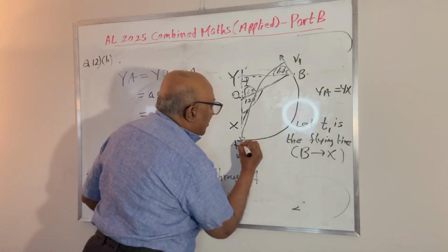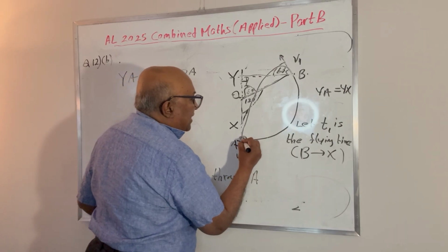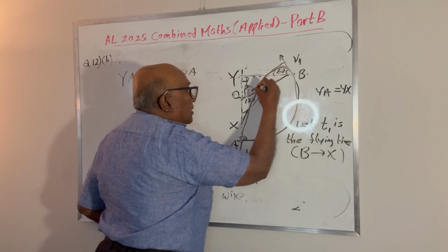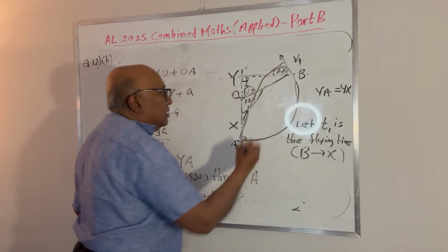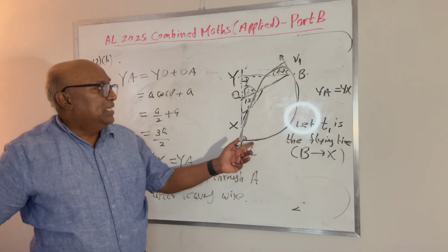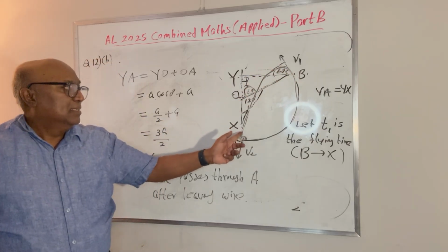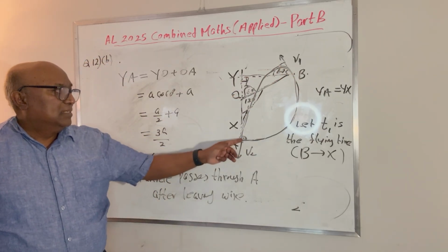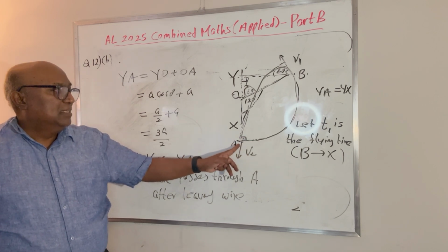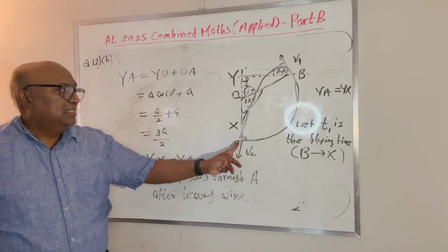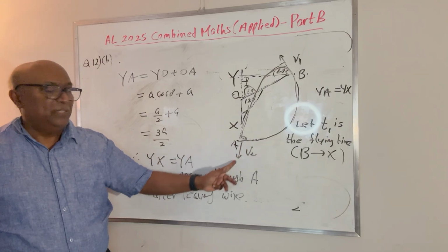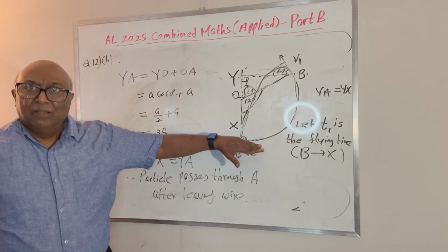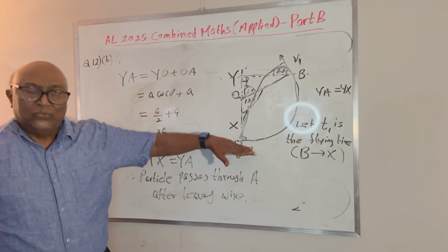Actually, the particle starts from here and moves like this. The particle travels along this path. That means it came back to the original position. That means at this level, the initial speed must be equal to the final speed in order to maintain the total energy, because potential energy is 0.